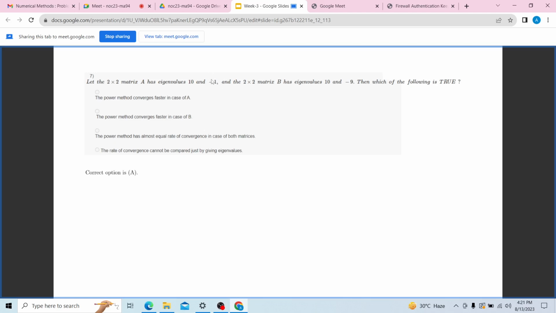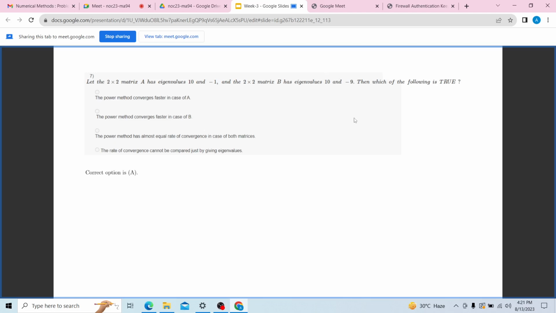So here the absolute value of minus 1 will be 1 upon the dominant eigenvalue, that is mod 10. So 1 upon 10, you will get 0.1. Here, take the modulus of minus 9, that is lambda 2, so 9 upon the modulus of 10, that is 10. So 9 by 10 you will get 0.9.